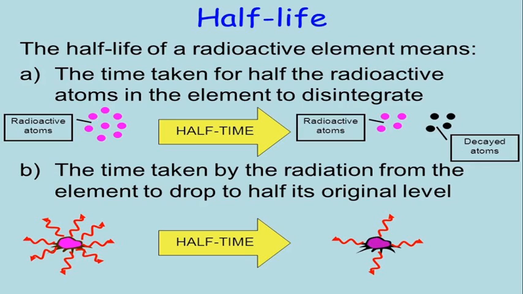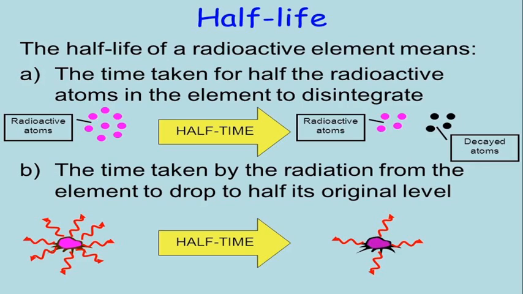Now half-life. What is meant by half-life of a radioactive element? The time taken for half the radioactive atoms in the element to disintegrate. So in this pink color they have shown 8 radioactive atoms.